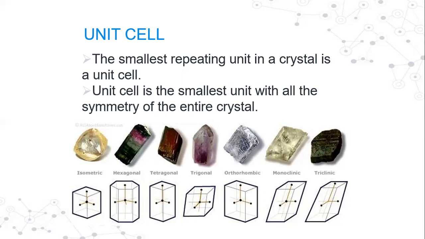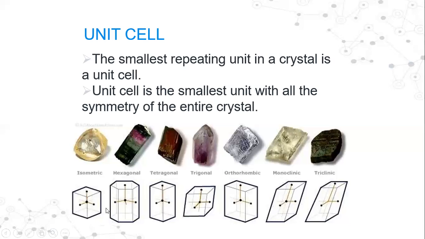These are the different types of repeating units in a crystal structure, known as a unit cell. A unit cell can form in these different shapes. That is the unit cell concept: the smallest repeating unit with all the symmetry of the entire crystal.